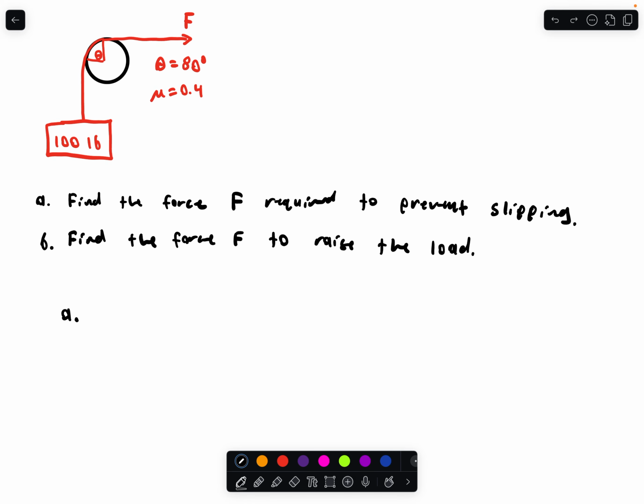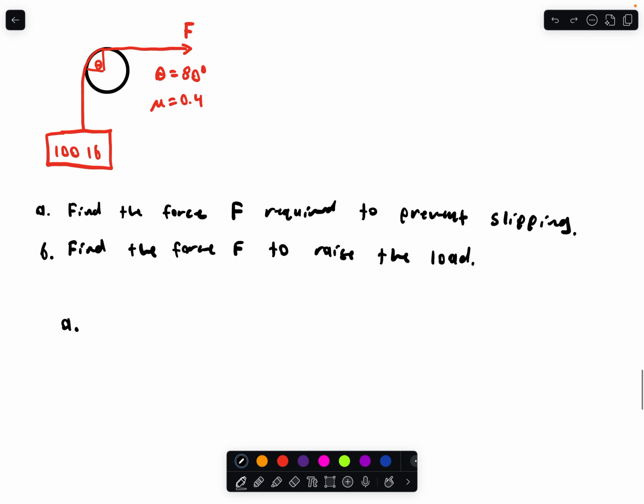All right, so using this formula from up here, we get F1 equals F2 times e to the mu theta. So the hardest part about using this equation is making sure you pick the right F1 and right F2. So F1 is being applied in the direction of impending motion.